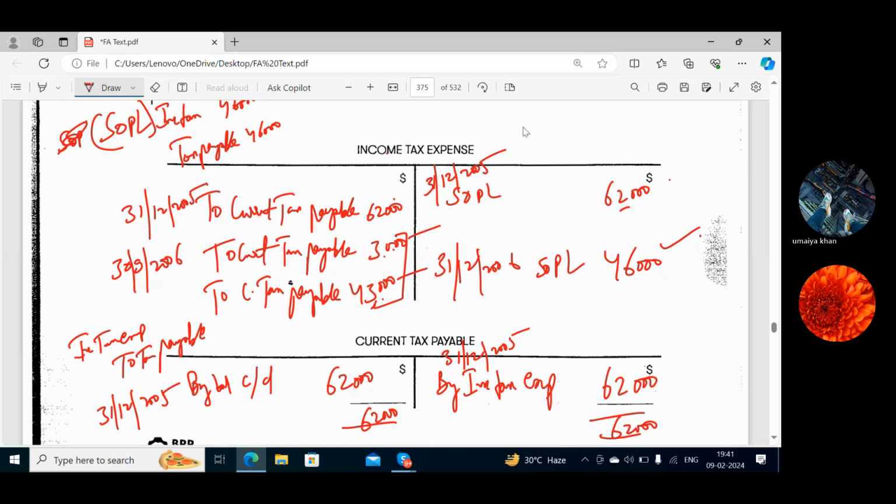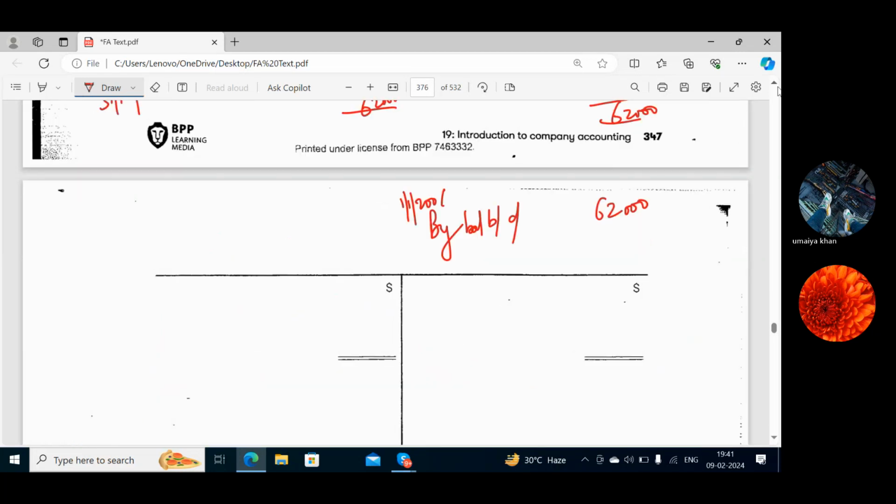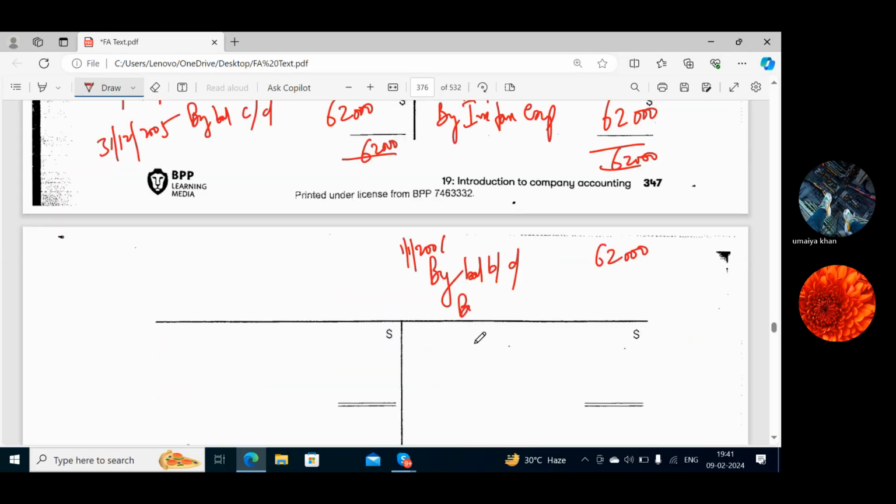So in income tax, what we wrote here, income tax expense to current tax payable. So in current tax payable by income tax expense 3,000, by income tax expense 3,000. Okay, so now totally it would be 65,000.